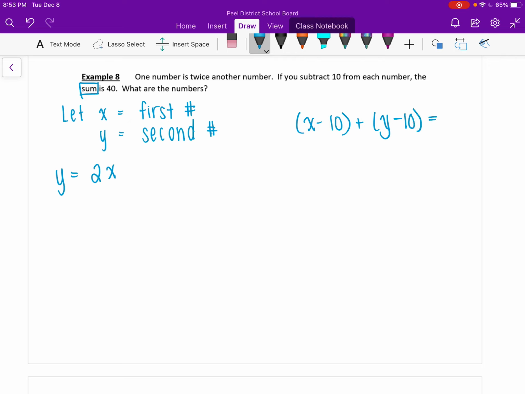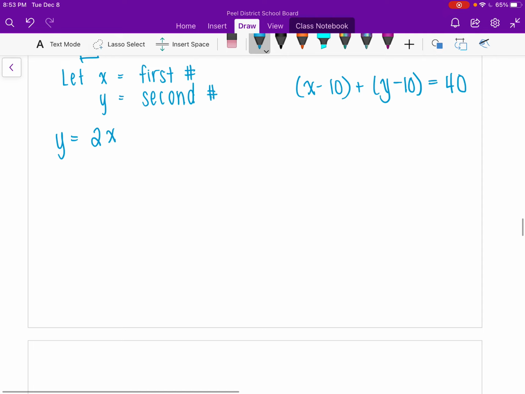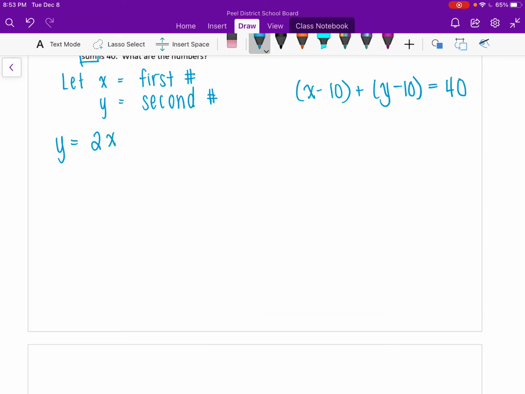Our sum, so everything added together, is 40. I have 2 variables, can't work with that, but I can go sub my y with 2x now. So I can say x minus 10 plus 2x, always put it in brackets when you're subbing, minus 10 equals 40.